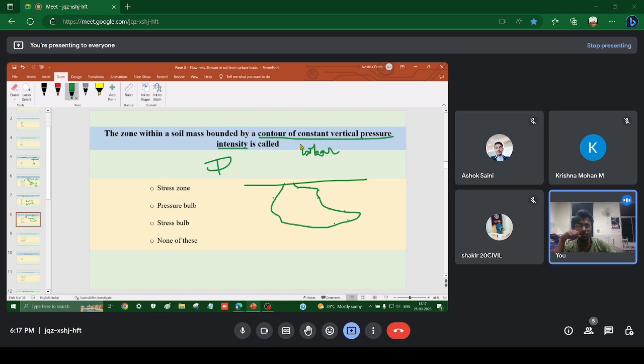So the zone in a soil mass bounded by an isobar is called pressure bulb. Clear? This is a bulb, it is a zone, and this zone is bounded by the isobar.